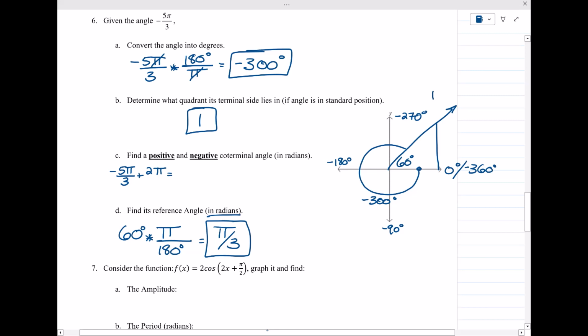That's going to give us the angle without doing extra steps to go to degrees and then back to radians. Similarly, if we want to get another one, we could subtract 2 pi. On my calculator, the way you would type this in is negative 5 ABC 3 plus 2. If you hit enter, you get 1/3, which would be 1 pi over 3.